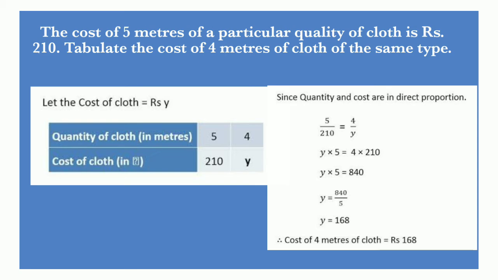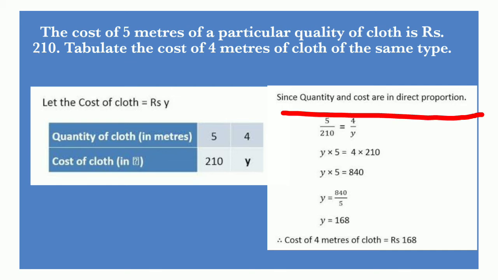So the question is in direct proportion. What are the given measurements? Here the quantity of cloth is 5 meter and its cost is 210 rupees. So we have to find the cost of 4 meter of cloth. That is our question. So this situation is in direct proportion.